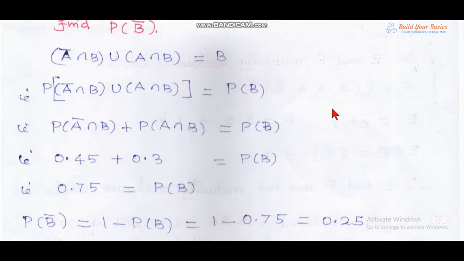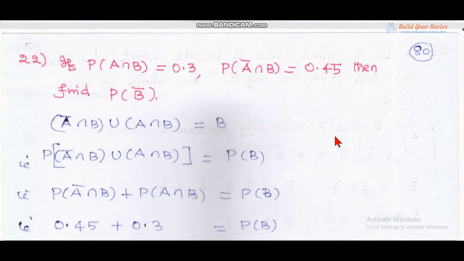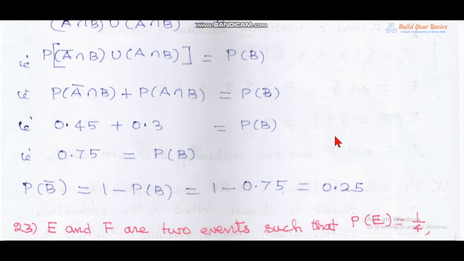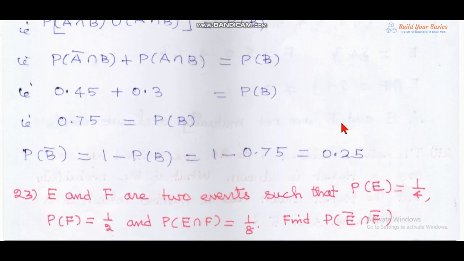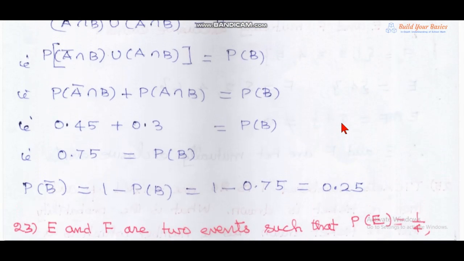Therefore, the left hand side becomes probability of A bar intersection B plus probability of A intersection B, and that's equal to probability of B. That is, 0.45 plus 0.3 is equal to probability of B. That is, 0.75 is equal to probability of B. Hence, probability of B bar equals 1 minus probability of B, that's equal to 1 minus 0.75, that's equal to 0.25. The problem is done.